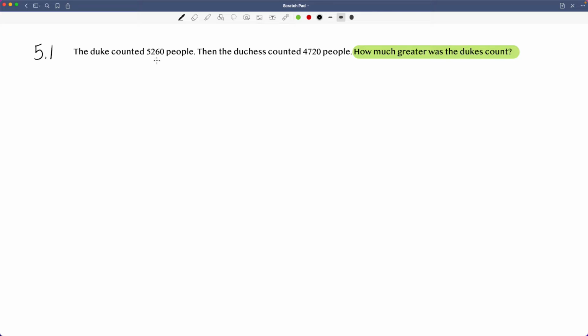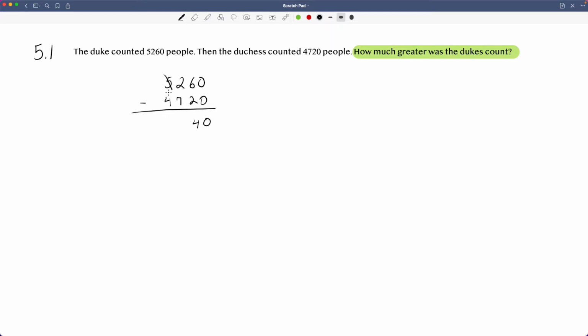We're going to take the Duke's count, which is greater, and subtract the Duchess's count. The Duke's count becomes the minuend, which is the number we subtract from, and the Duchess's count becomes the subtrahend, which is the number that we subtract. And we are going to find the difference, that is the result between the two. 0 minus 0 is 0. 6 minus 2 is 4.